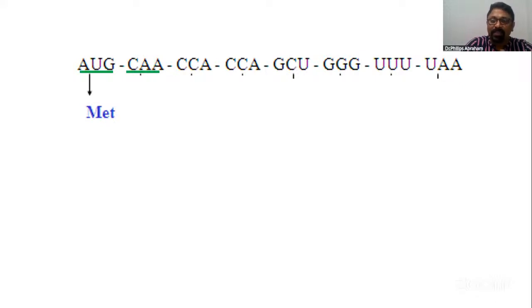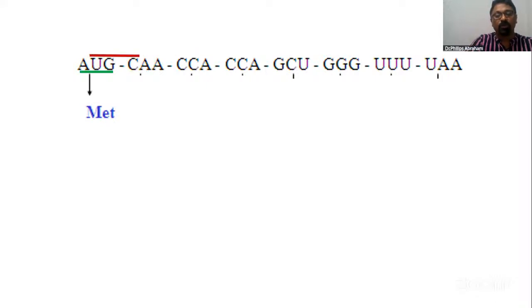Non-overlapping means no overlap, consecutive. After three, the next three. That's what non-overlapping means. Then no punctuation means no gap in between. It should be continuous. Non-punctuating. Then it should be universal.